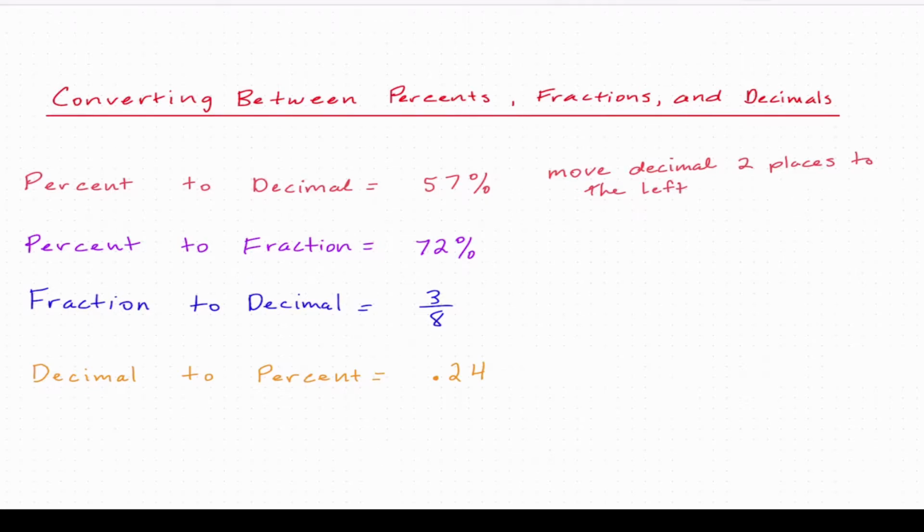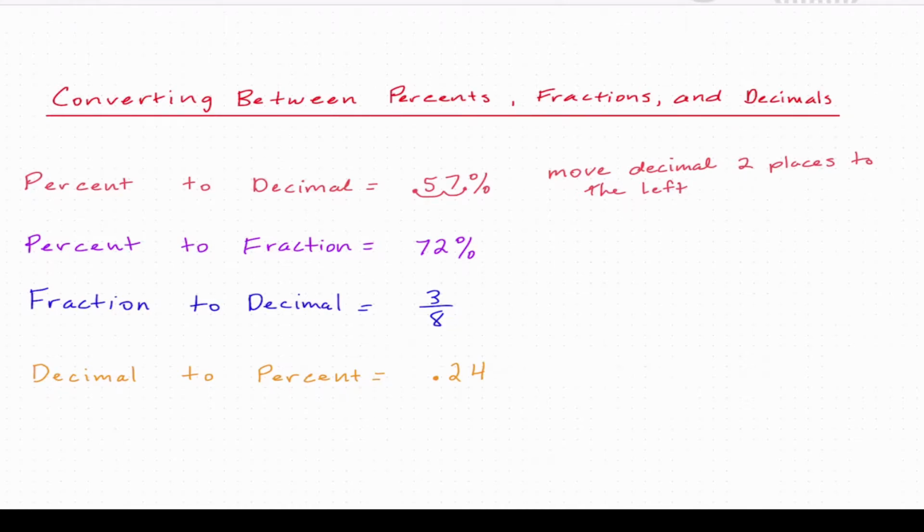So if I have a percentage like 57%, where's my decimal going to be? It's going to be after the number. So I can write in my decimal after the number and move that two places to the left, and that would be what 57% is as a decimal.